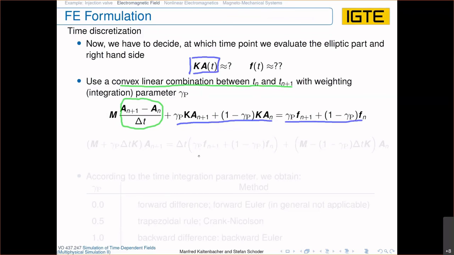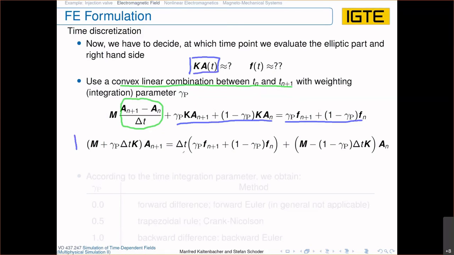Okay, now we can rearrange the terms, because we assume that we already know An, which is popping up here. So we can rearrange it, and what we get out is now this equation here. So that we have as a system matrix the mass matrix plus a scaling of the stiffness matrix scaled by the time step and this integration parameter, and then the unknown vector potential at time step n plus 1. And all the things we know we put to the right hand side.